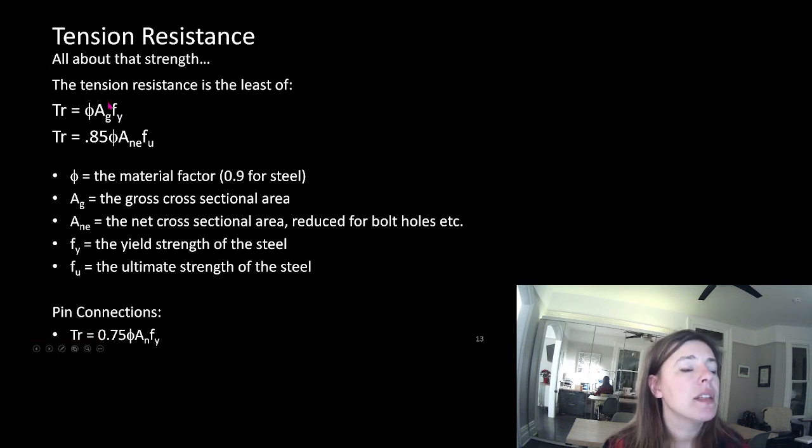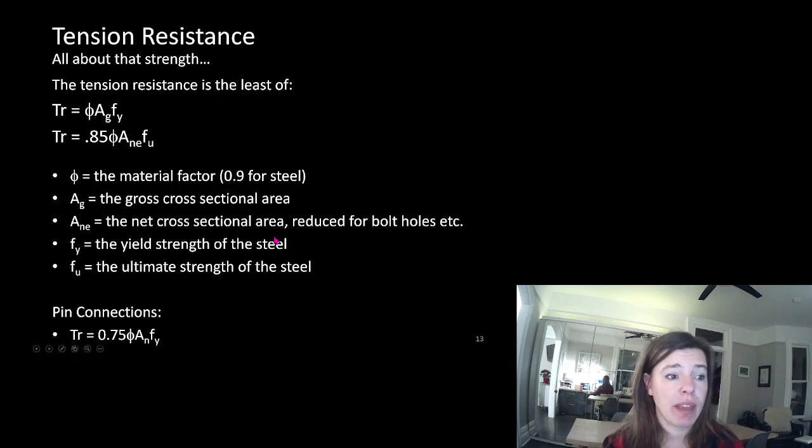Right, okay. So, reduction factor for material steel is 0.9. Ag is the gross cross-sectional area, or just area. Ane is the net cross-sectional area reduced for bolt holes or whatever opening we've got. So this is where we've taken material out of the cross-section.